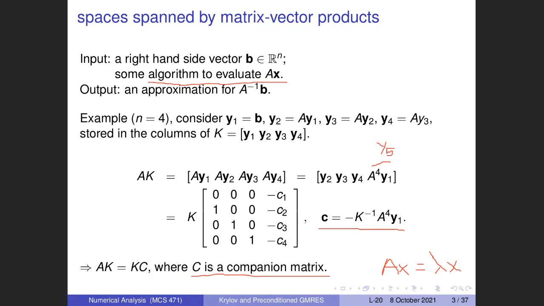So the shape in which this can be brought will actually lead us to eigenvalues and eigenvectors. This last column of this Krylov space actually converges, or actually all the columns converge, as we shall see, to the eigenvector with the largest eigenvalue.